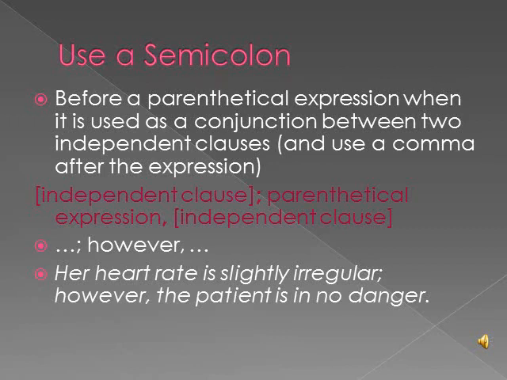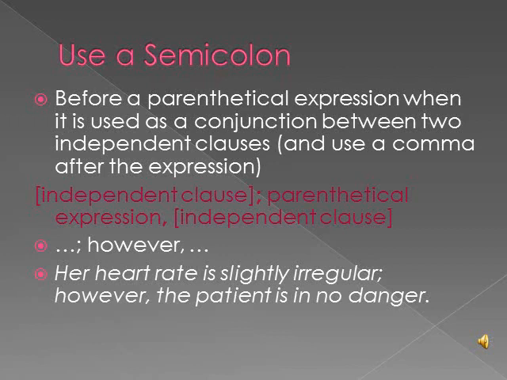So let's look at the last line here. Her heart rate is slightly irregular; however, the patient is in no danger. So let's do the test. We have two independent clauses. Our first independent clause, her heart rate is slightly irregular. Put a period there. We could be done with that sentence. The patient is in no danger. Another complete independent clause.